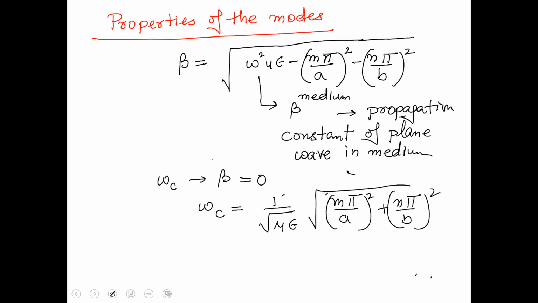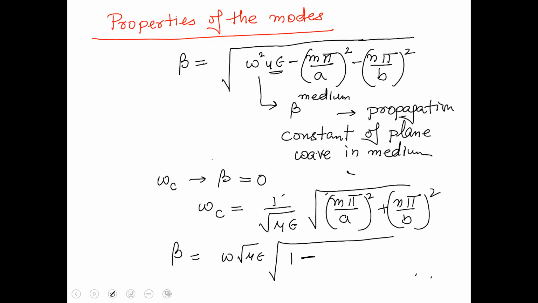So if I write my beta in terms of the equations I have, if I take omega square mu epsilon out, I get omega square root of mu epsilon times square root of 1 minus omega c by omega square.